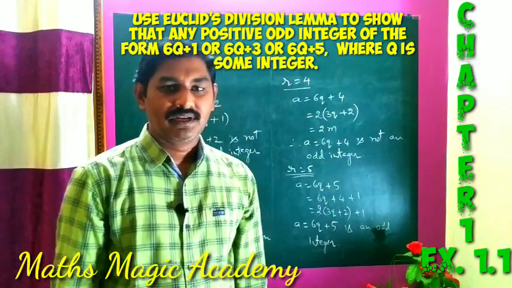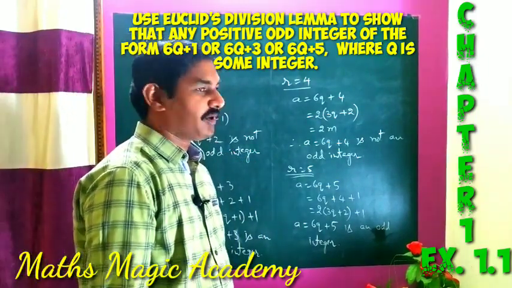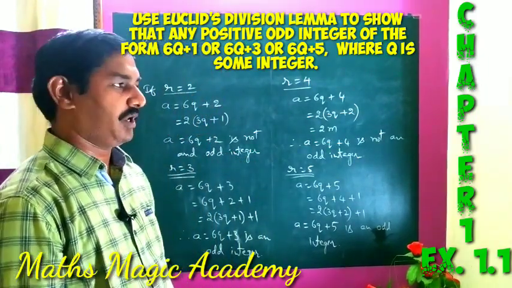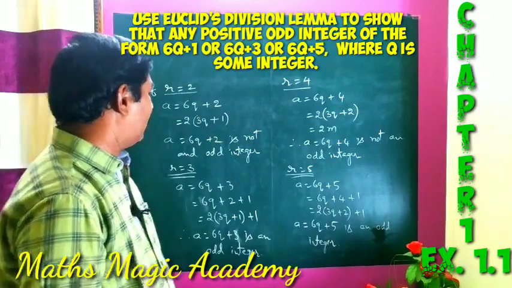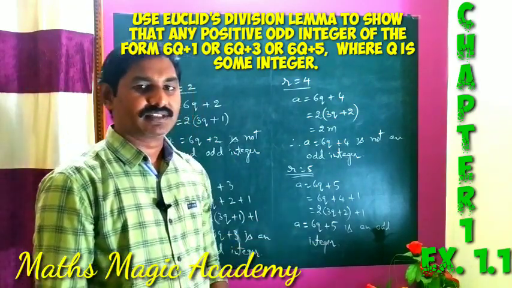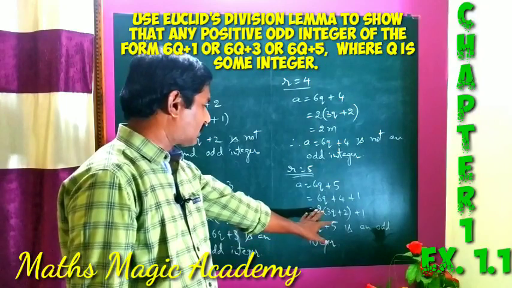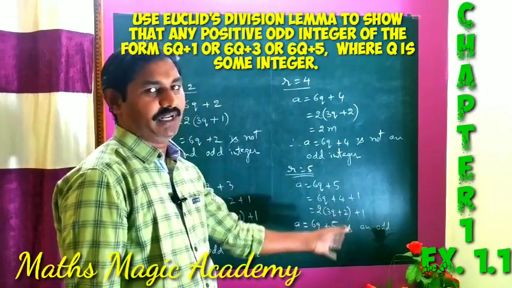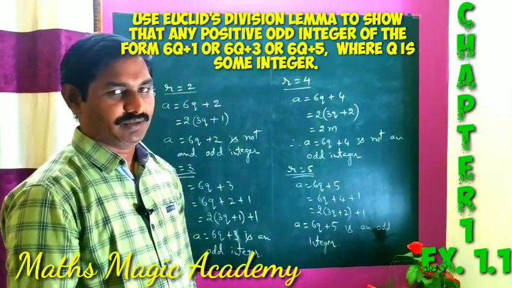Can you observe where we got odd positive integers? Odd positive integers will be 6q plus 1, 6q plus 3 and 6q plus 5, and the remaining are even positive integers.